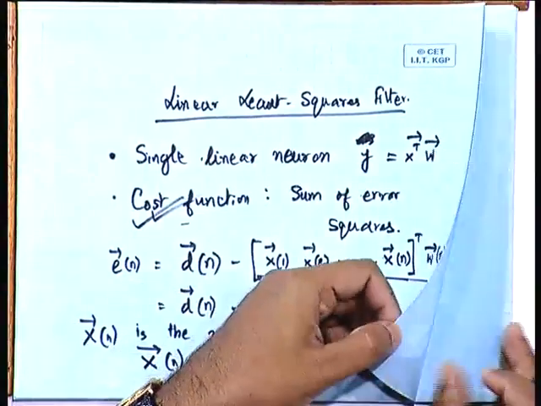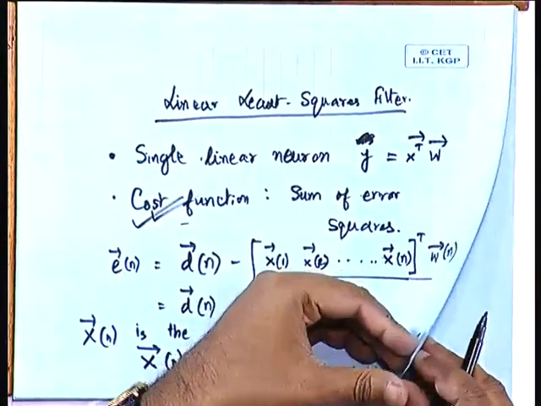So, x n is going to be a complete data matrix that contains all the observations, and then d n is going to be simply the vector of desired responses for each of the observations.